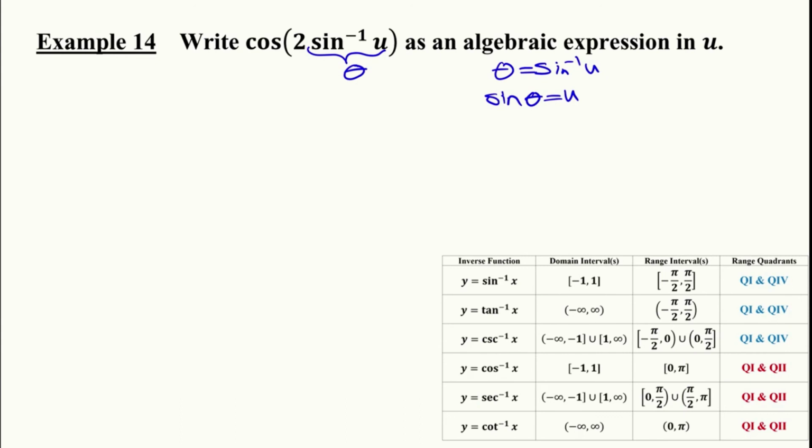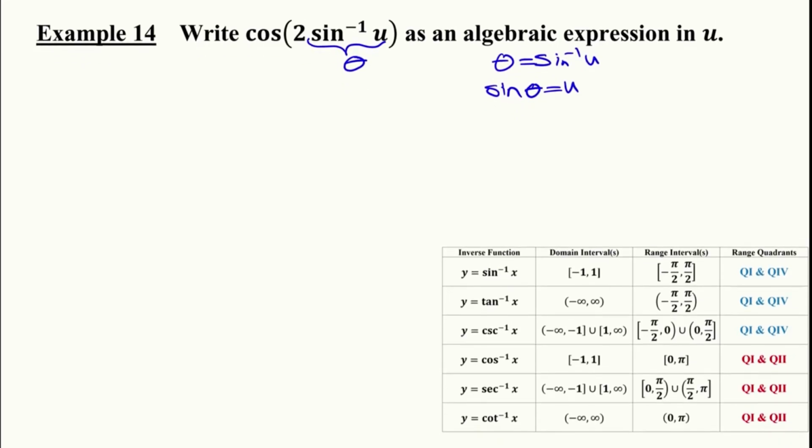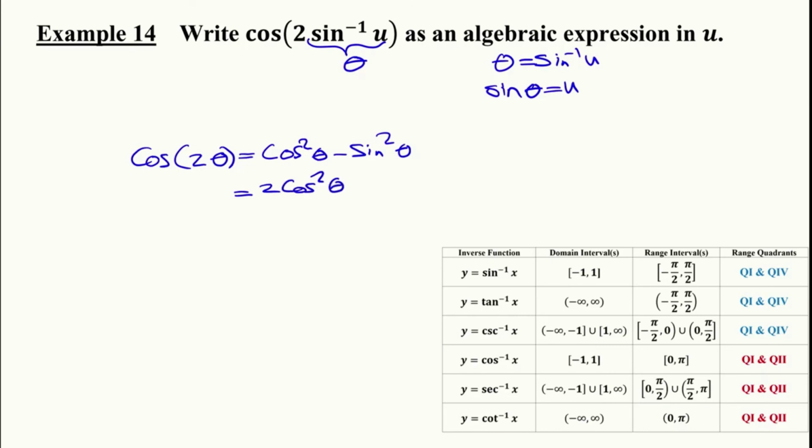If you recall, we're trying to find the cosine of 2 theta now, right? We had 3 forms for that. Do you remember? One of them was cosine squared theta minus sine squared theta. Then we manipulated that and we ended up with another form, which was 2 cosine squared theta minus 1, and a last one which was 1 minus 2 sine squared theta.